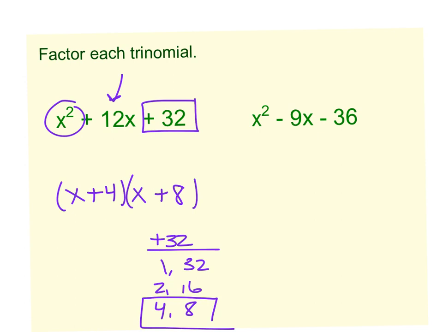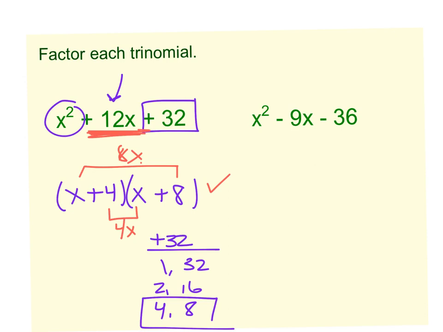We have to make sure that we really pick the numbers that will give us the 12x. So you'll say, all right, x times 8 is 8x. And 4 times x is 4x. And in your head, you're saying, is 8x plus 4x equal to that 12x? And yes, it is, so check. We're done. We got the right answer.